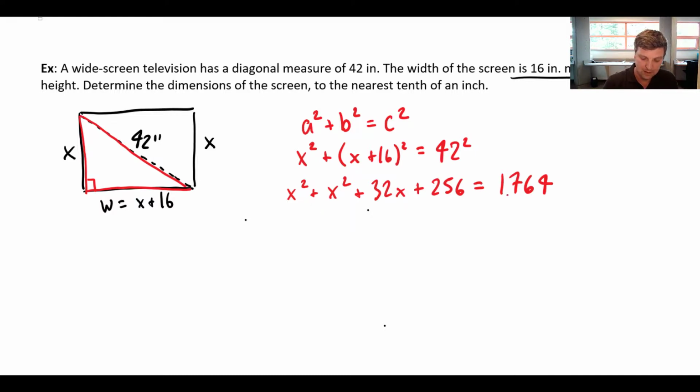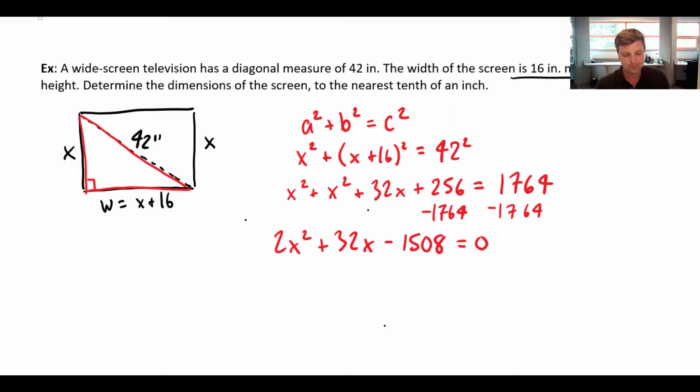So you can see now, if we collect all the like terms, then we're going to have a quadratic. I'm going to subtract 1764 from both sides here. And I'm going to collect my x squareds, and I'm going to get 2x squared plus 32x minus 1508 equals 0.